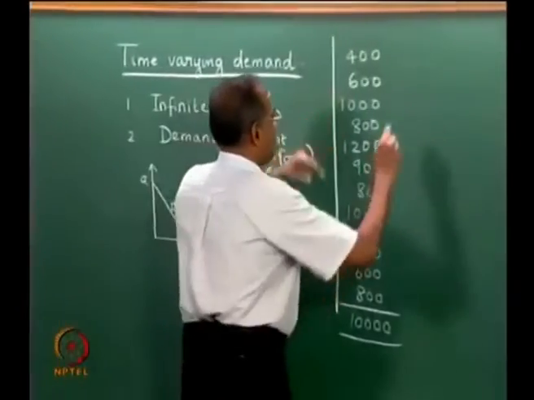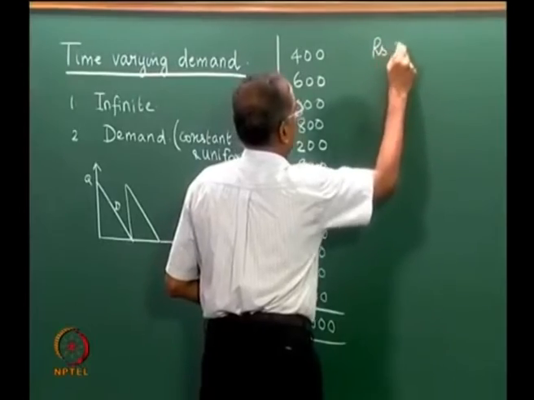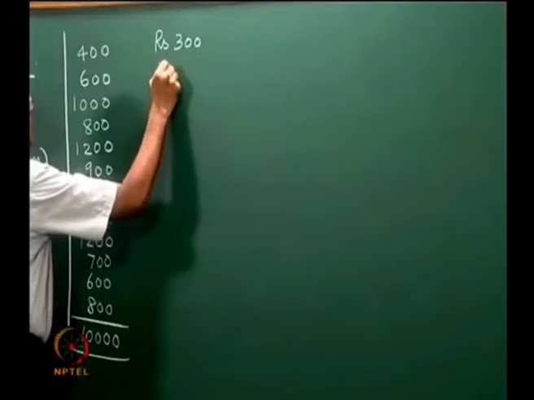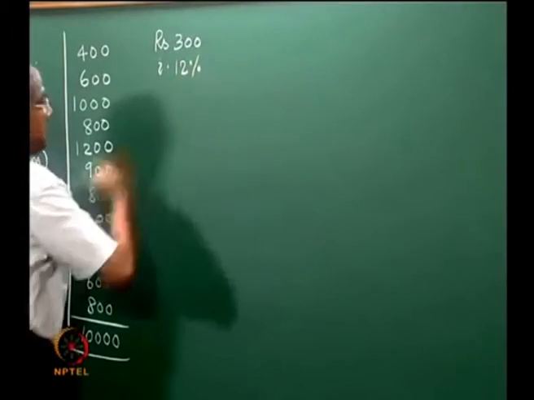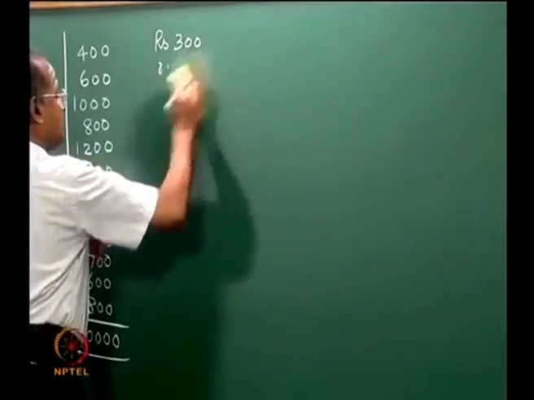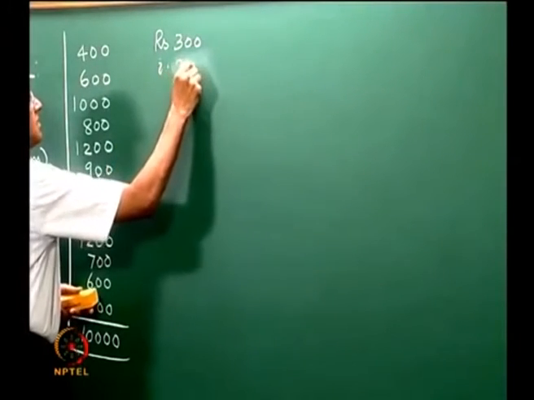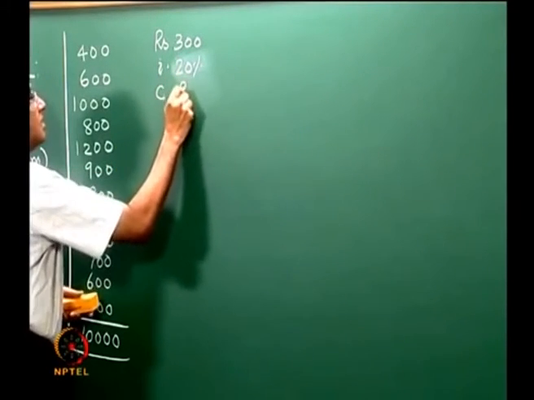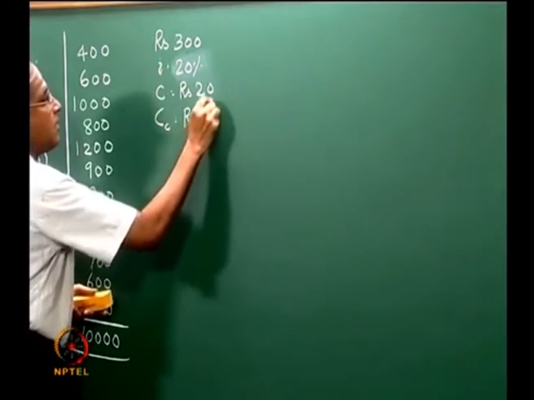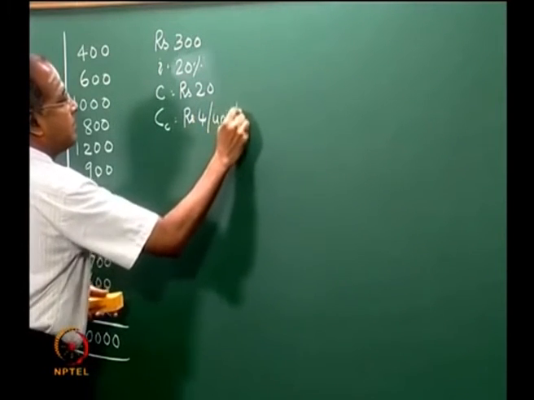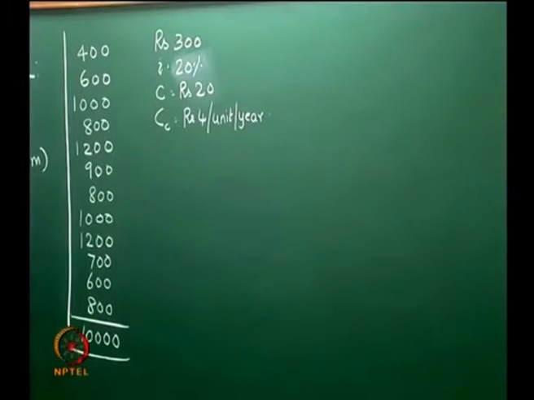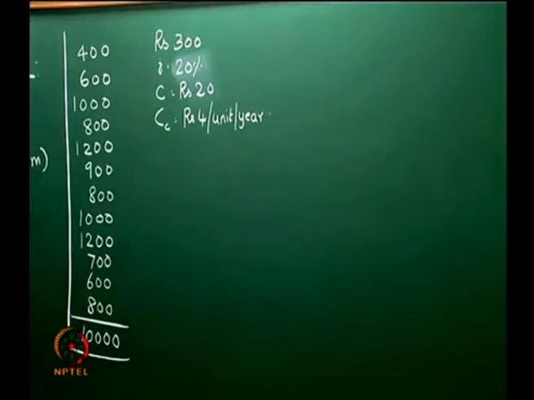For the sake of comparison, we assume again that order cost is rupees 300 per order, and inventory holding I is 20% of unit price C, which is rupees 20, so that Ch is rupees 4 per unit per year, which is the same number that we had assumed in our earlier examples and illustrations.